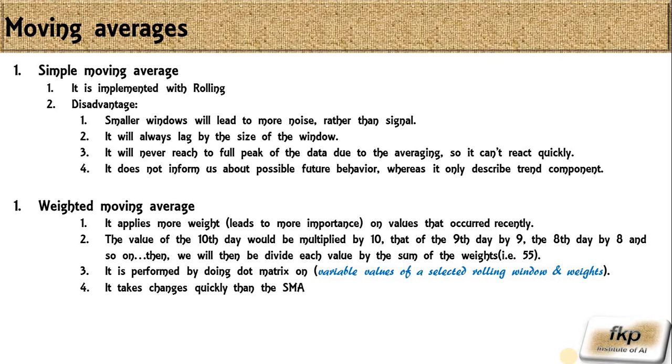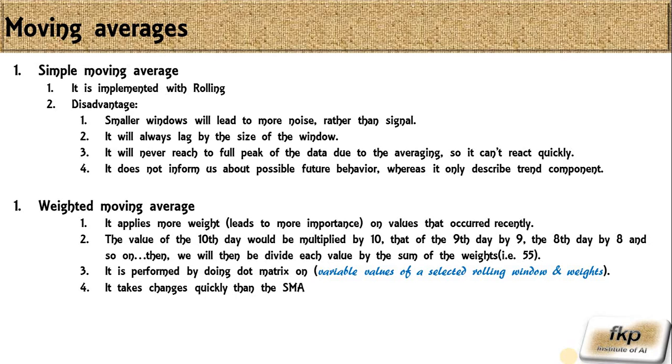So to minimize the weight, because it's a very huge weight, right? I mean, multiplying the value of the 10th data point by 10 gives a huge value. To penalize that, we are dividing that value by the sum of the weights.